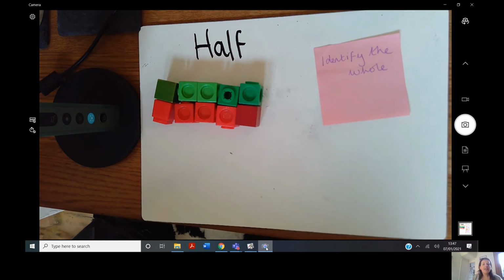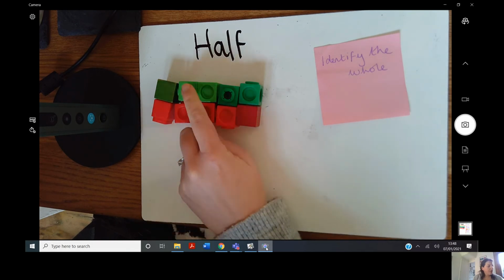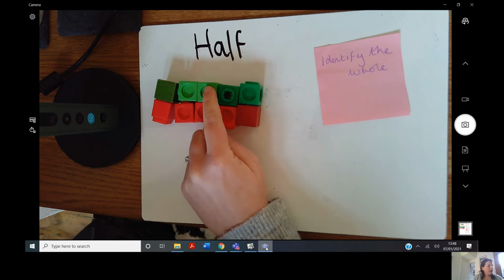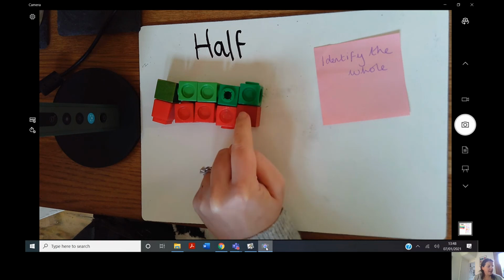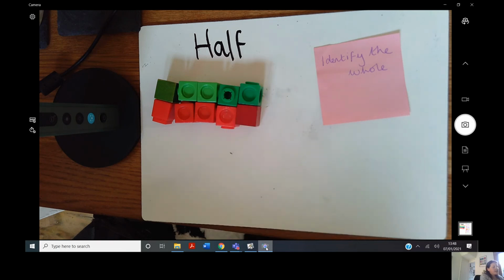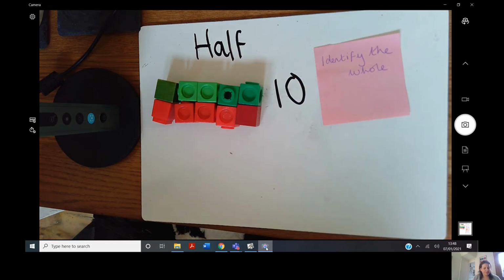So how many cubes are there altogether? 1, 2, 3, 4, 5, 6, 7, 8, 9, 10. I have 10 cubes altogether.